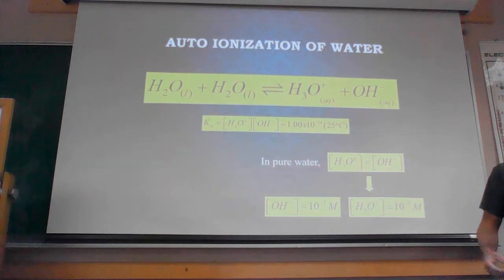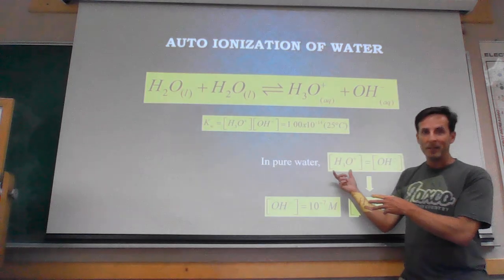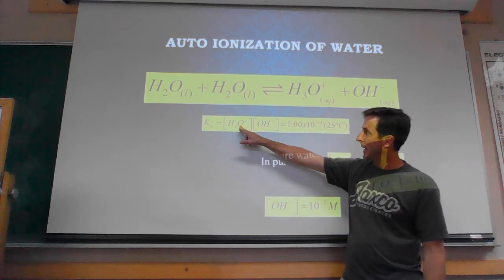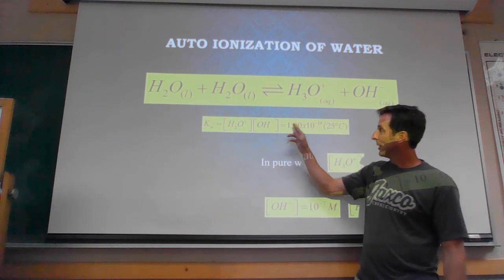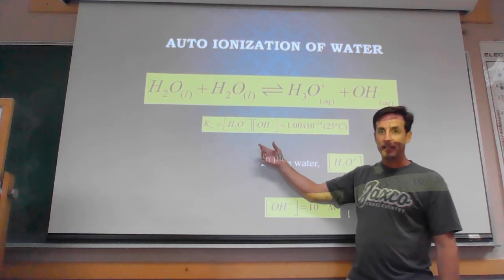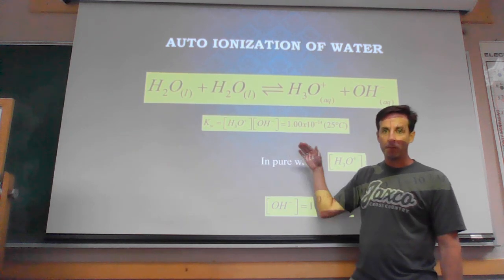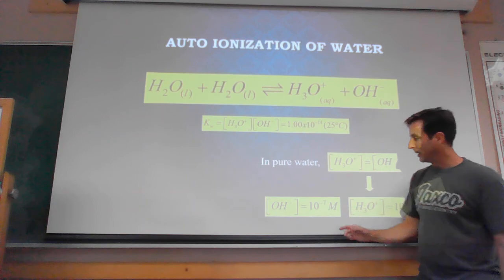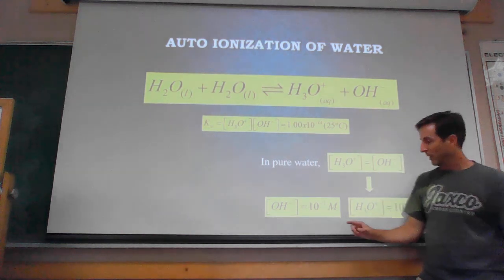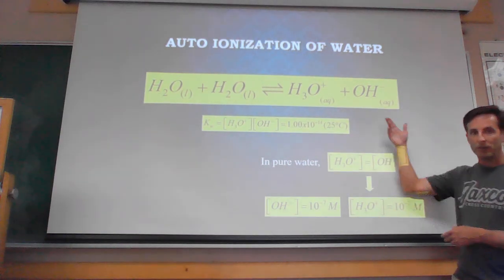Well, let's just say that the concentration of H3O is X. That means hydroxide is also X. I plug in Kw equals X times X to get 1 times 10 to the minus 14. Essentially, X squared equals Kw. If I just take the square root of both sides, that tells me that the hydroxide concentration is 10 to the minus 7 molar, and the hydronium concentration is 10 to the minus 7 molar. It's just the square root of the Kw value.